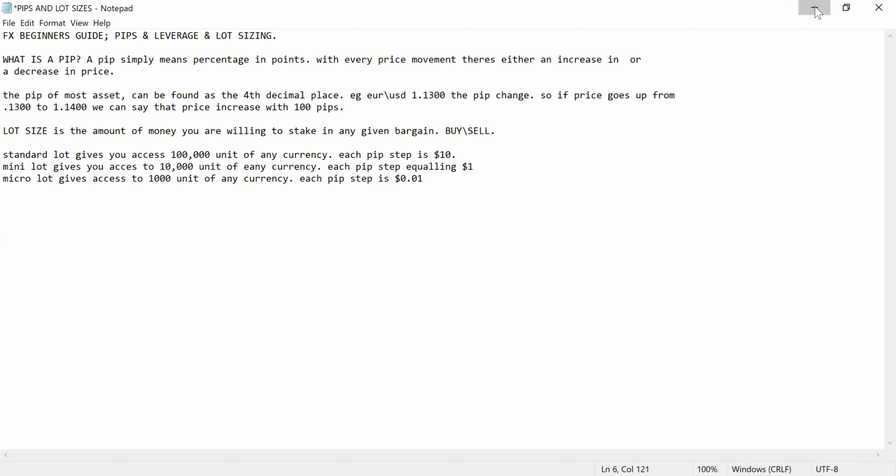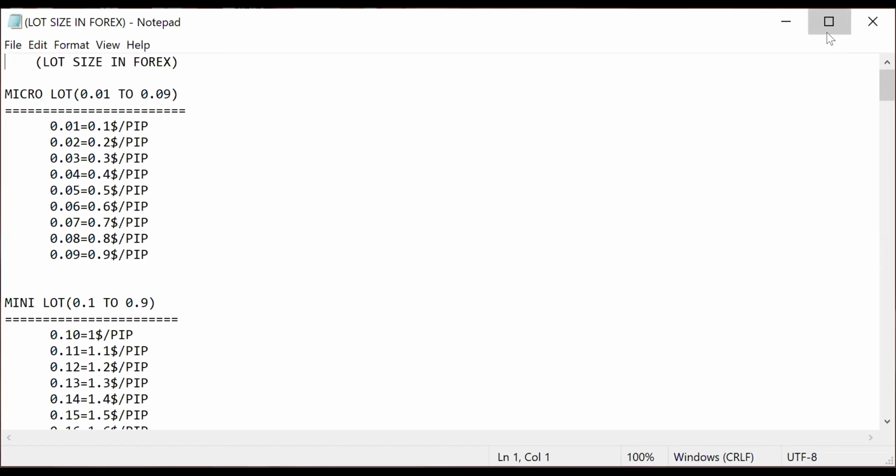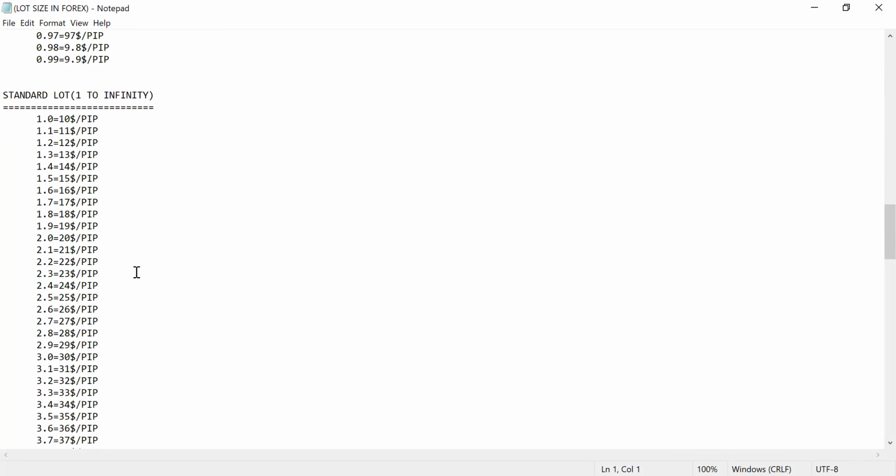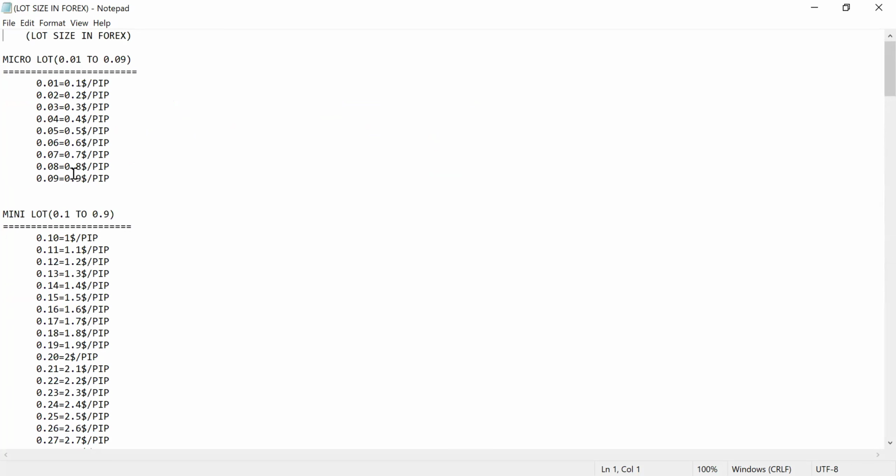Lot size in forex. So here you can see a whole lot of stuff. Micro lots, mini lots like we talked about, and your standard lots. So basically it's nothing too complex. Remember that we said the micro lot is equal to 0.01.